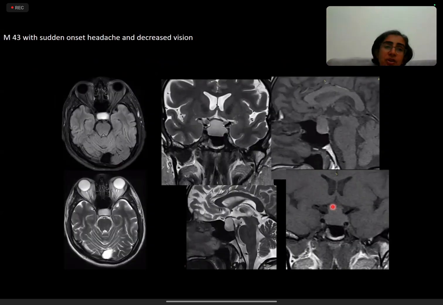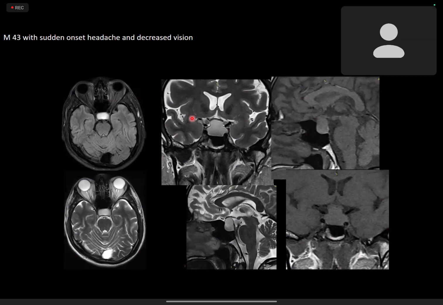So here is another patient, a middle-aged man, 43-year-old gentleman with sudden onset symptoms. Somebody describe the findings, please. Ma'am, there is a T1 iso-intense to hyper-intense lesion in the sellar and suprasellar region.